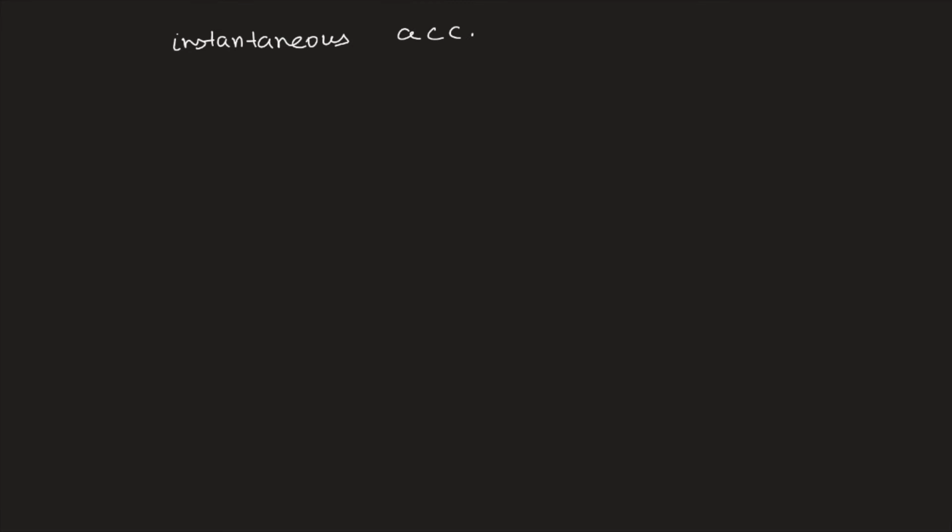Instantaneous acceleration, as the name suggests, would be small change in velocity by small change in time. Instantaneous acceleration would be acceleration at an instant, and as we all know, an instant is a very small part of time. It's a very small fraction of time, and it doesn't matter how small. The smaller you take, the better.